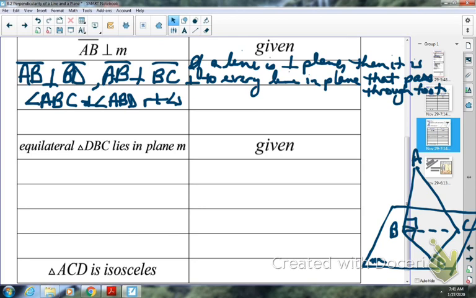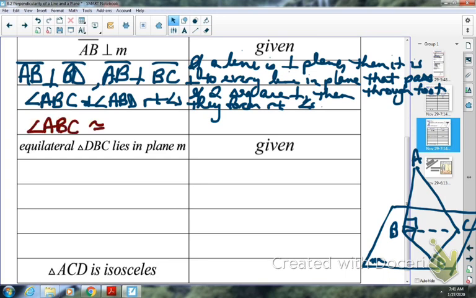And my reason for right angles: if two segments are perpendicular, then they form right angles. Okay, and then continuing on like we usually do, if we have two right angles, we know they're congruent. So angle ABC is congruent to angle ABD, because if two angles are right angles, then they are congruent.